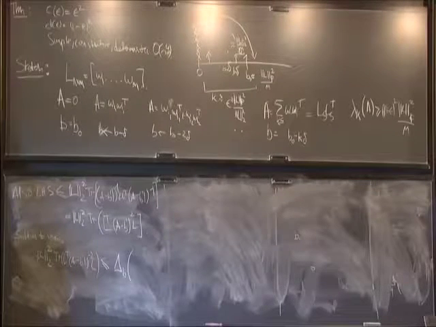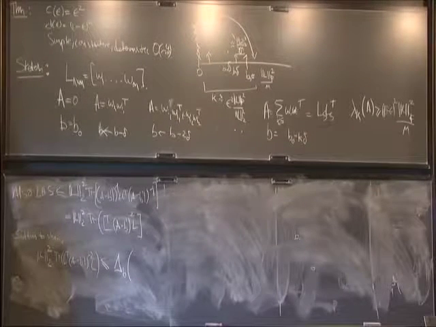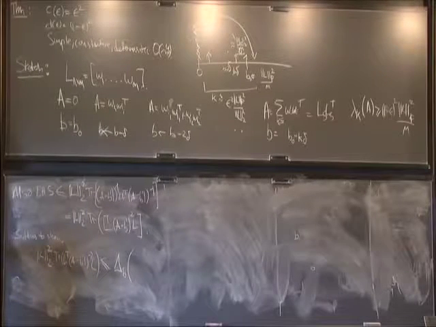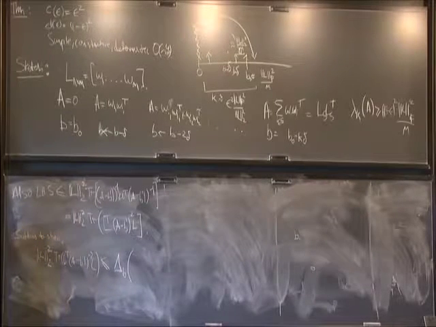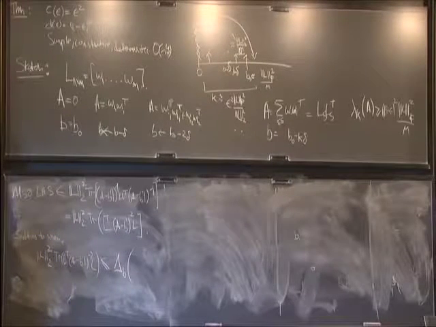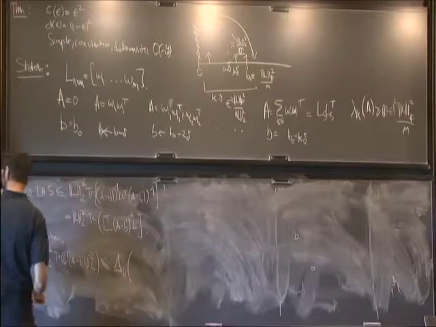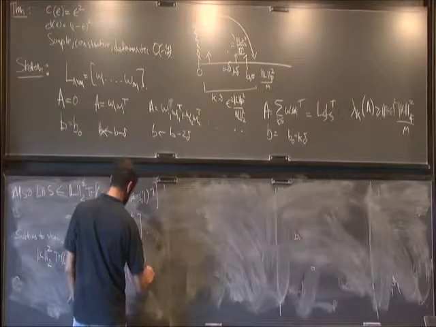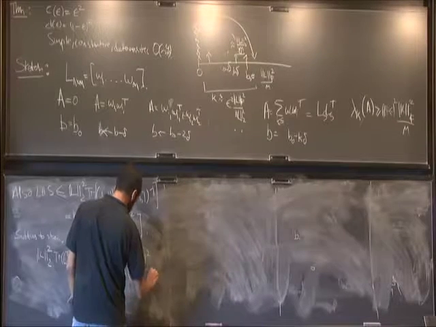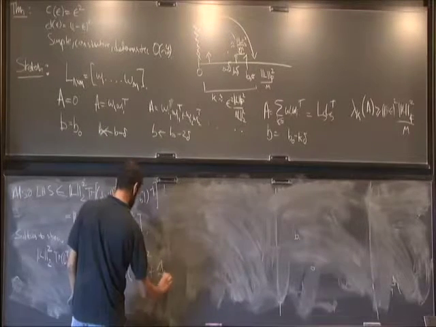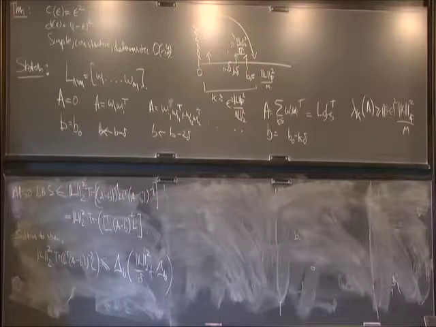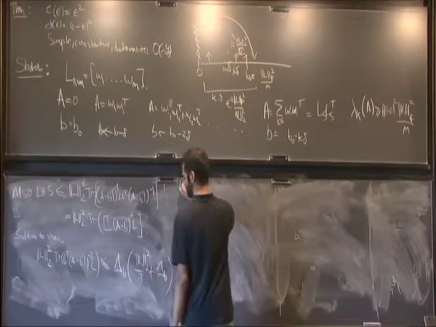Delta B is positive, at least delta B prime is positive. So this quantity is bigger than if I replace this by that. And so what I get is, okay, if I show that, then it's good.